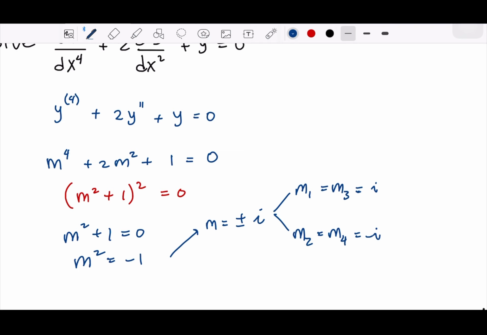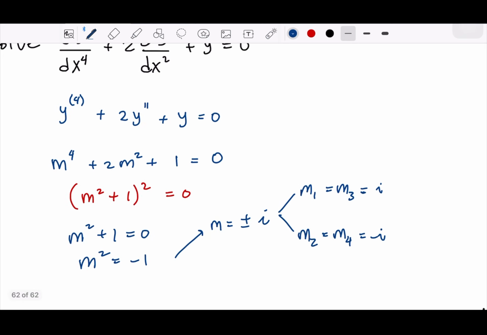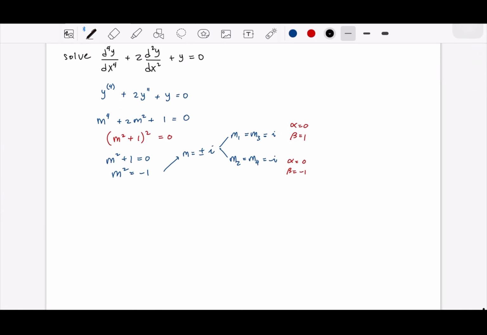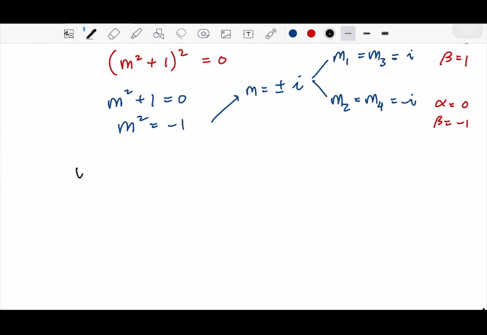So we could say this alpha is 0, beta is 1. Now we could first tailor the general equation for y.